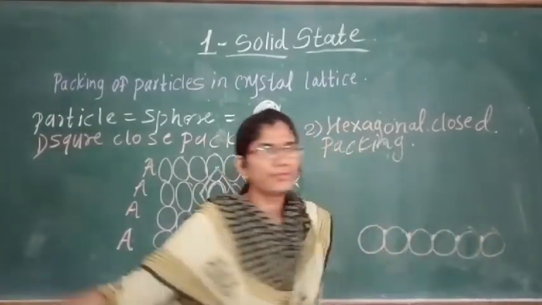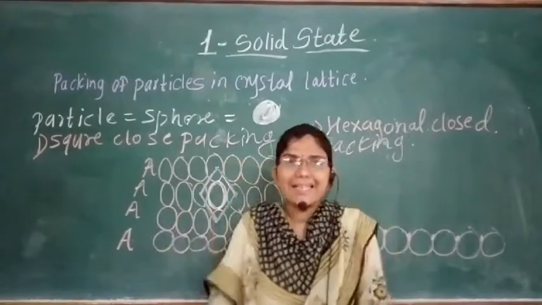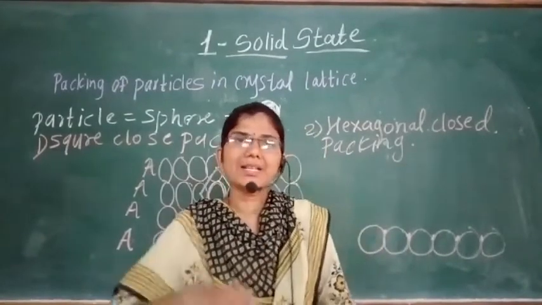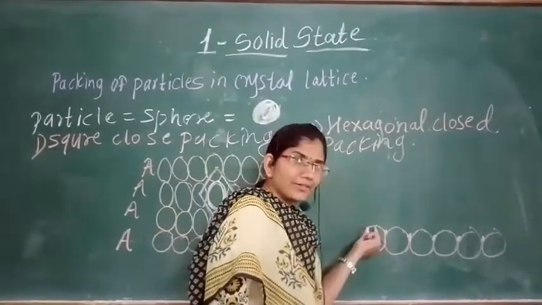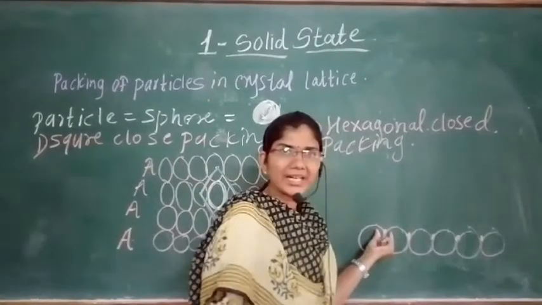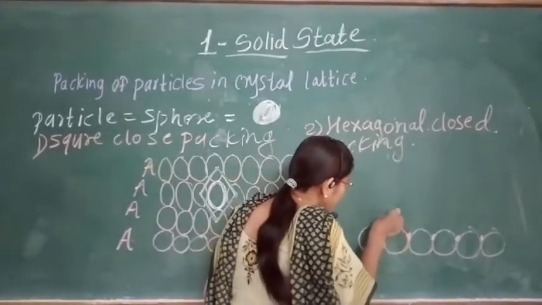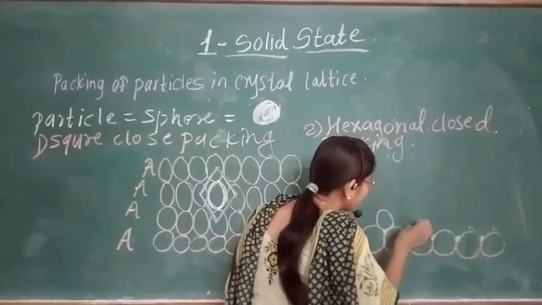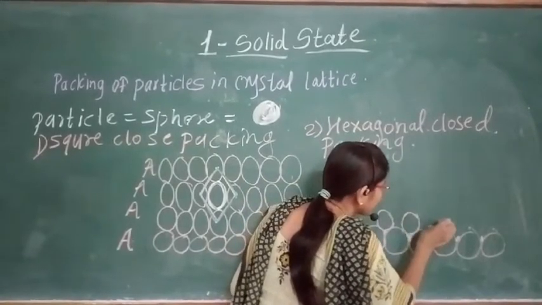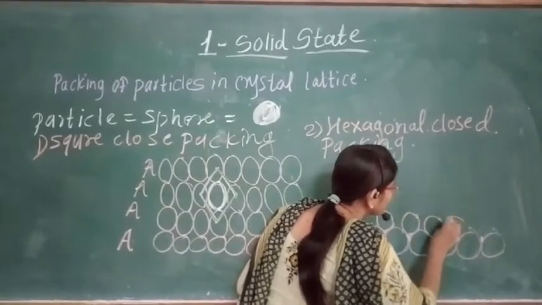If the second layer is present not on the trough but on the depression, that means here this second layer is present on the depression.